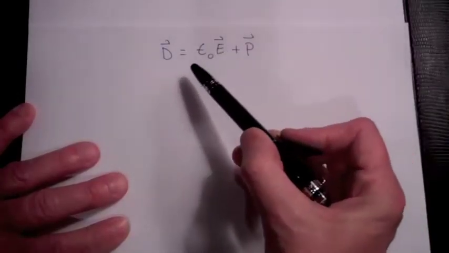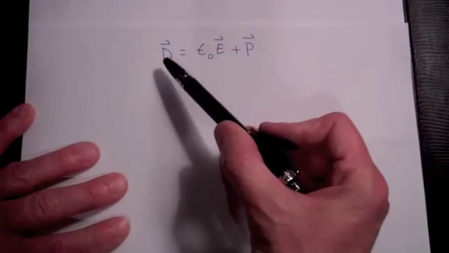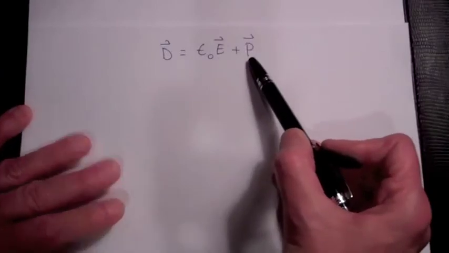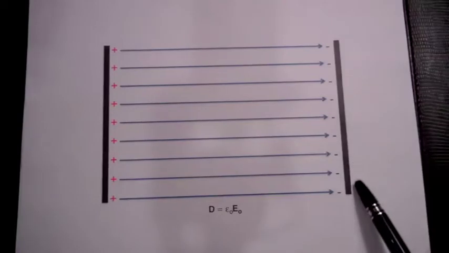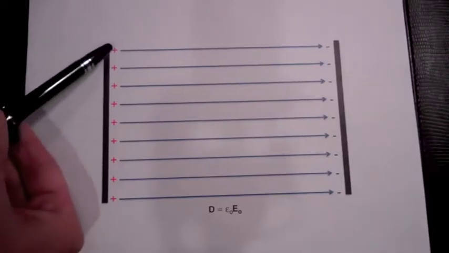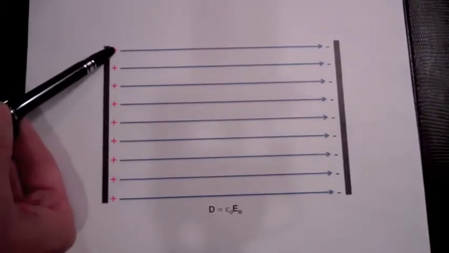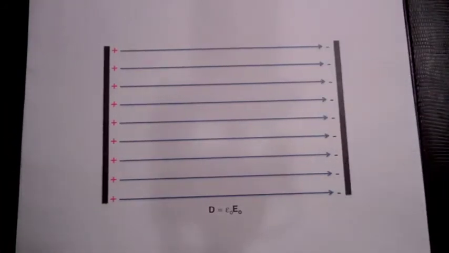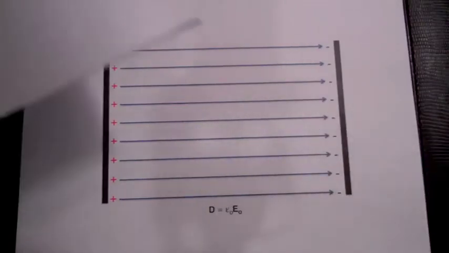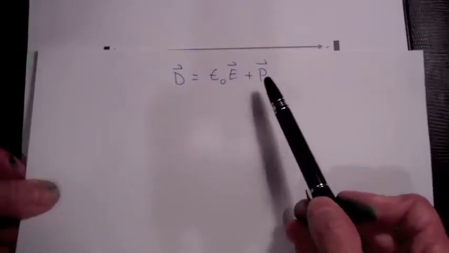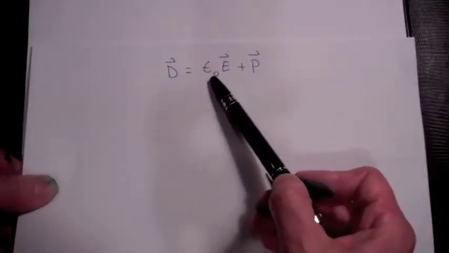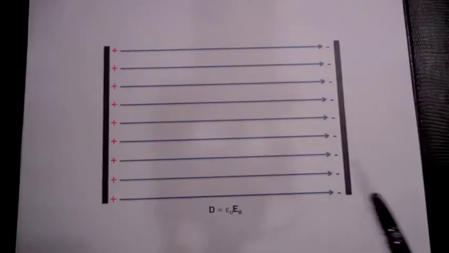Let's further develop our understanding of this relationship between the electric flux density, the electric field intensity, and the polarization. So if we have two metal plates, such as in a capacitor, and place a charge on that capacitor, a plus Q on this plate, a minus Q on the right-hand plate, there's no dielectric, just a vacuum. Since there's no dielectric, the polarization is going to be 0, and the electric flux density is equal to epsilon sub 0 times the electric field.